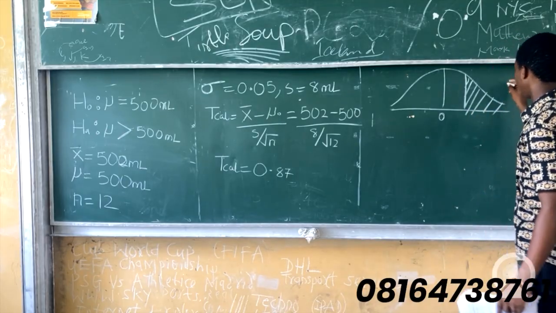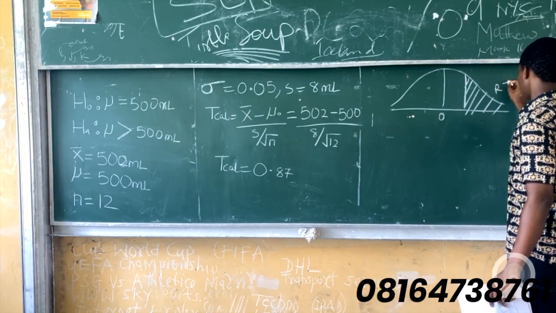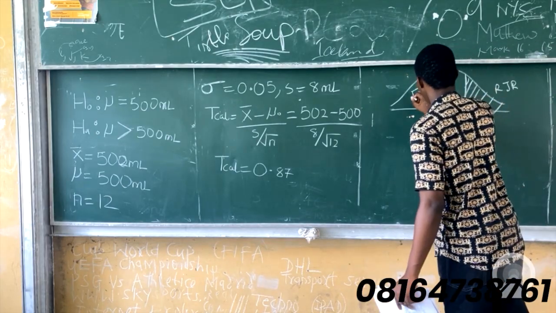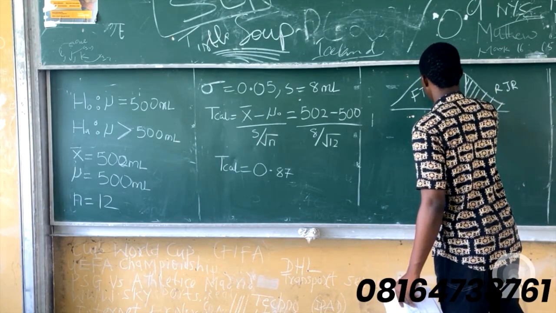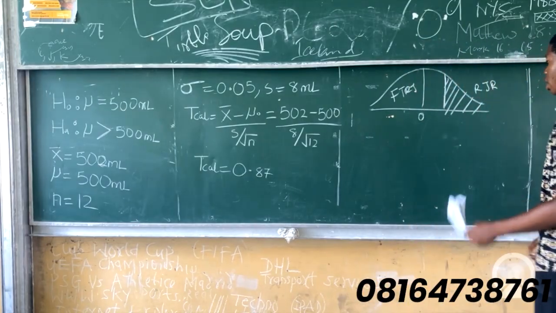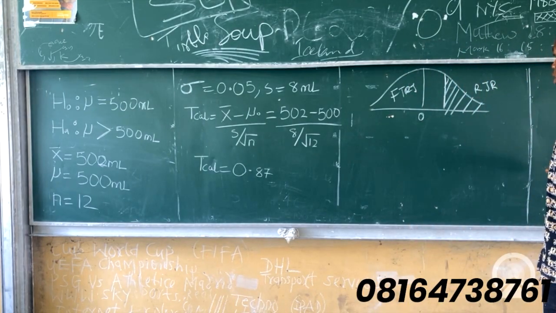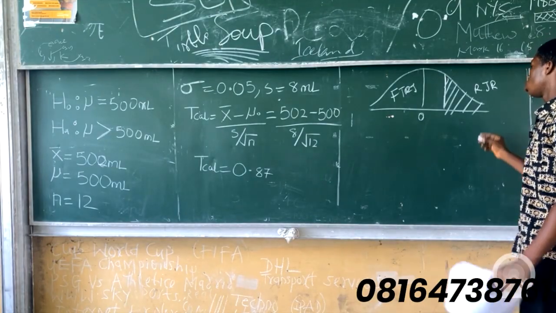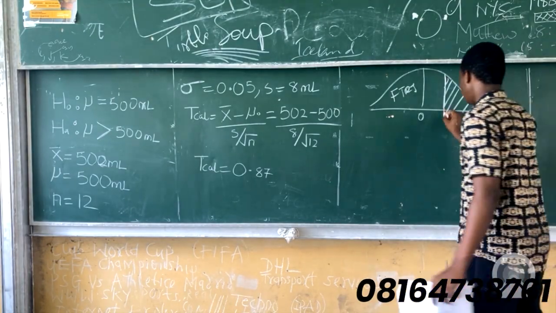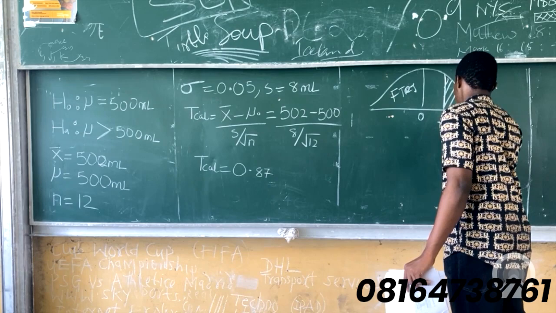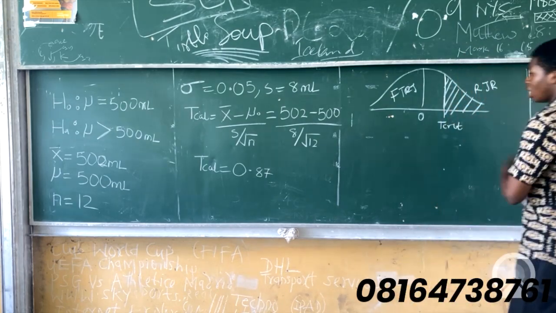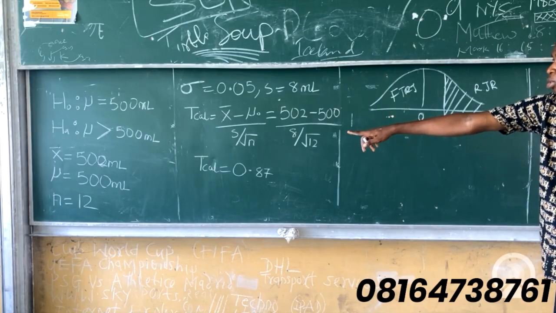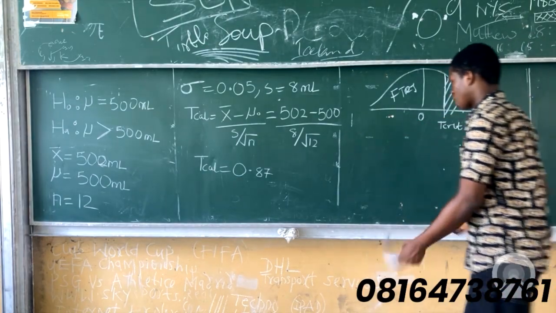This is the reject region, and this is the fail to reject region. Any value that falls in the reject region, we reject, and any value that falls below it, we fail to reject. We take the T calculated as the reference point.